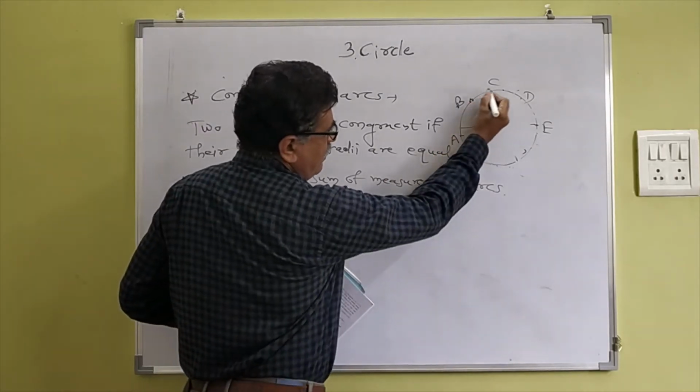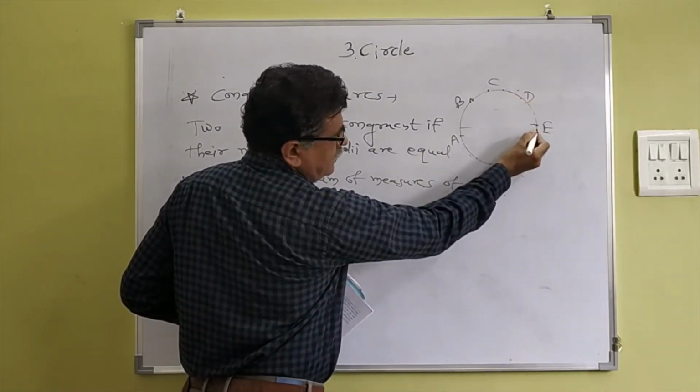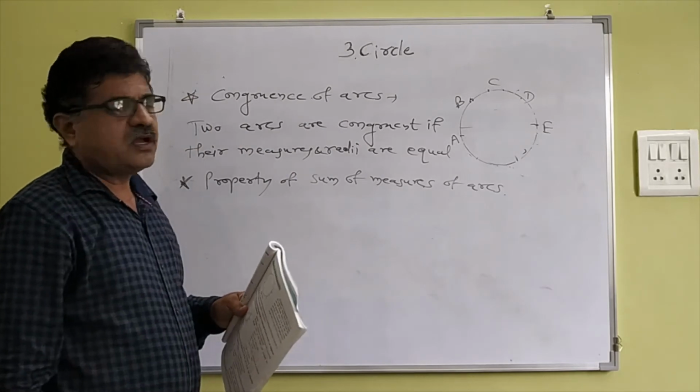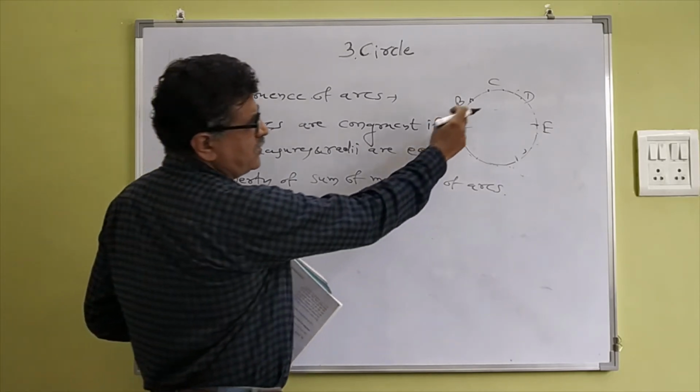Here arc ABC and arc CDE, these two have one point in common. Which point is common?